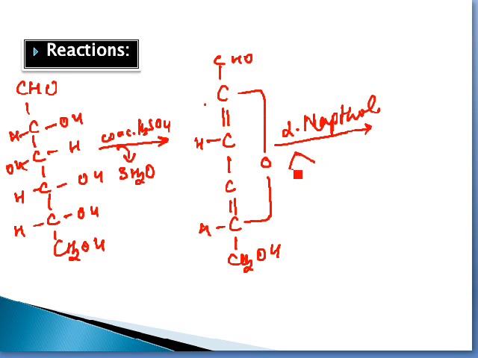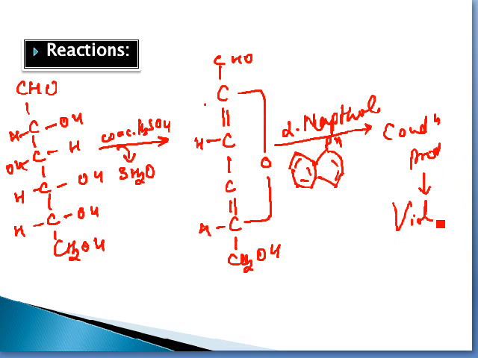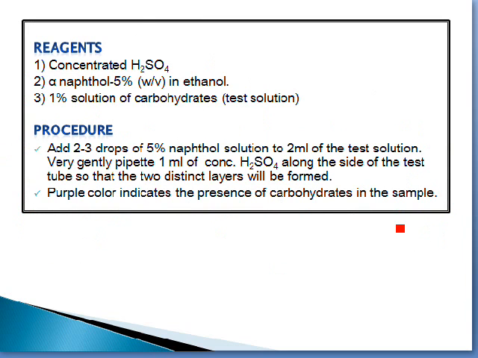It reacts with furfural and forms a condensation product that is violet in color. This is the whole reaction for the Molisch test, and after that here we can see the reagent.